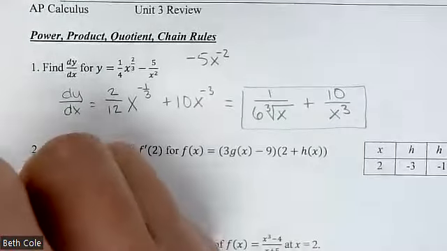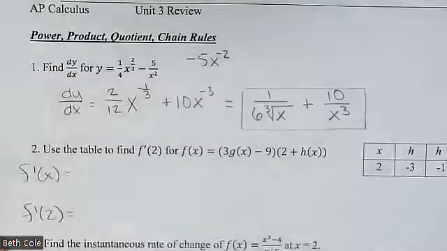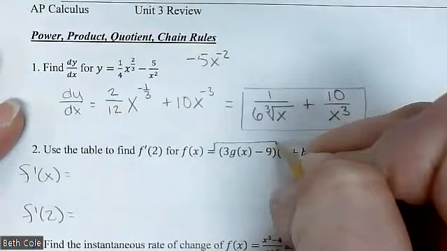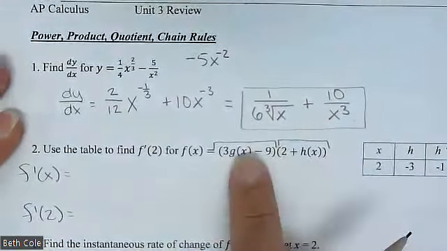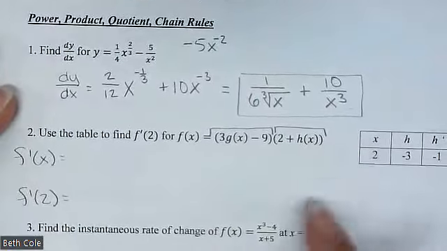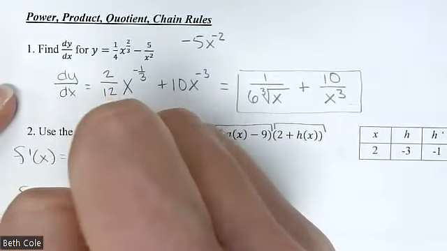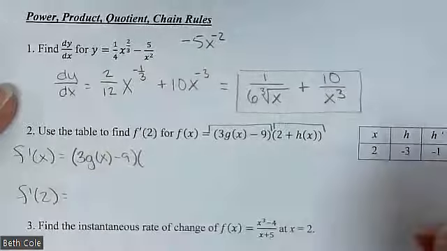All right, here we're going to find f prime of 2. So first we're going to get the derivative, and then we're going to plug in 2. So looking at this, which rule do we need? Good. These are the two functions. All right, so how does product rule start? Right, the first function. So it's 3g of x minus 9, the first function, times derivative of the second.